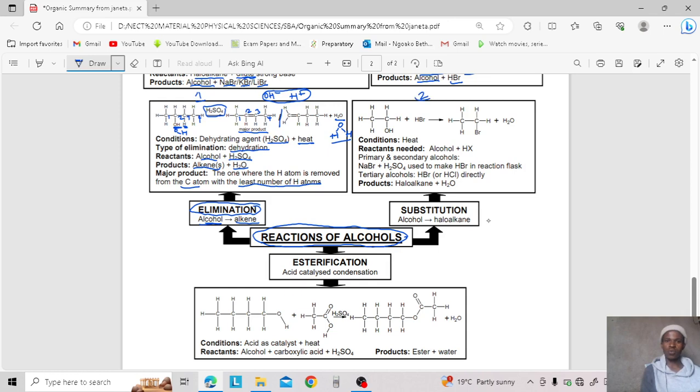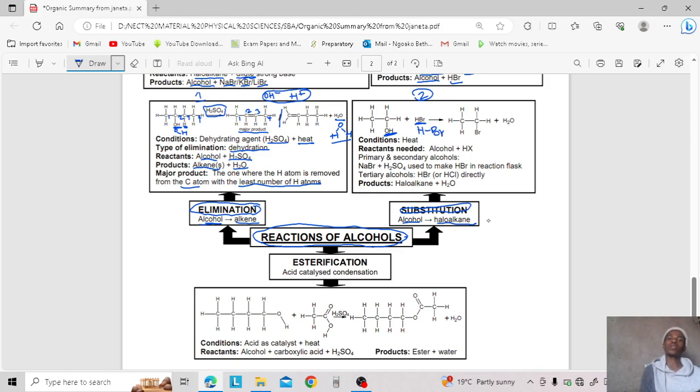Number two, we have a reaction of alcohols which gives us a substitution reaction. In this substitution reaction we have a reactant of alcohol, and the product will be a haloalkane. So this is the hydroxide showing us the alcohol here, plus we react it with a hydrohalogen, which is H bonded to Br.